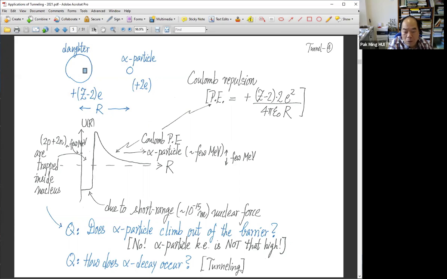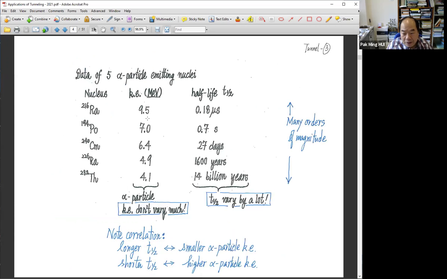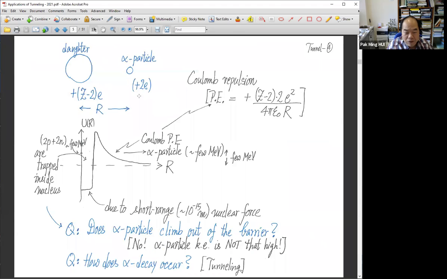And we also know from data, the alpha particle that comes out is of the order of MeV. So the situation will be something as follows. The alpha particle living in the nucleus will be somewhere at this energy.